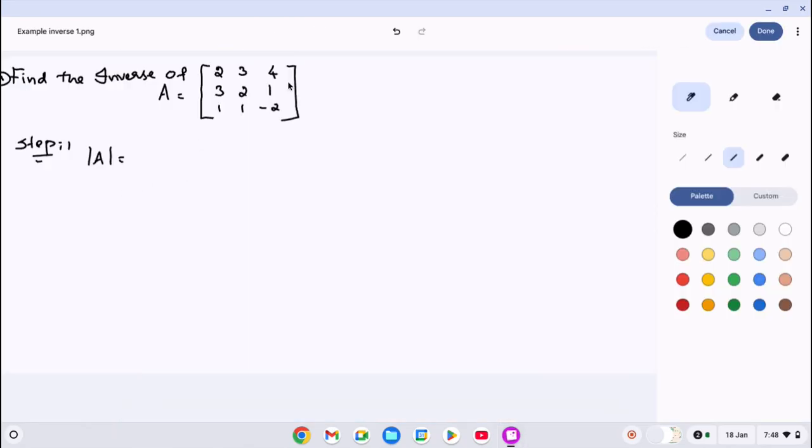See here, we have to take the first row, first element and the determinant of the minor of that first element. What is the minor of that first element? Omit the corresponding row and the corresponding column. What are the remaining elements here? 2, 1, 1, minus 2.